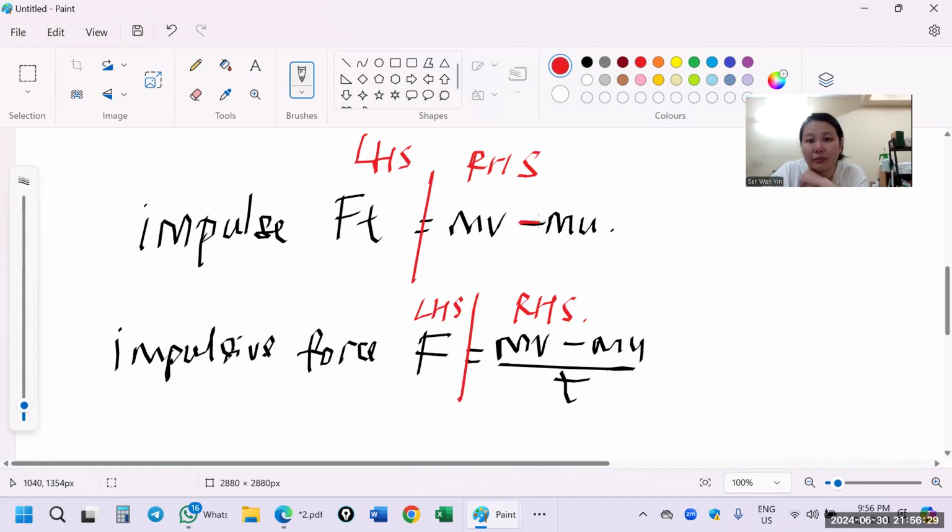Impulse is the change of momentum. We can use mv minus mu, or we can use force times time.